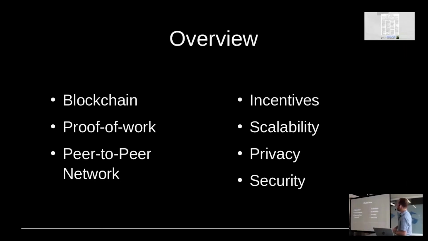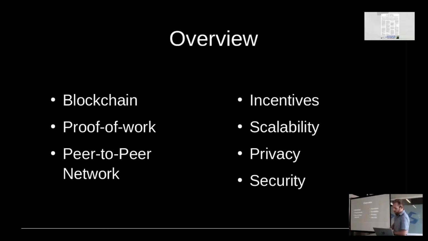What's the point? Also, scalability. Does this actually scale to trillions of dollars worth of investment? Privacy. What you were talking about, putting all of your financial data out in the open. What are the concerns with that? And security. How do you not lose your coins?